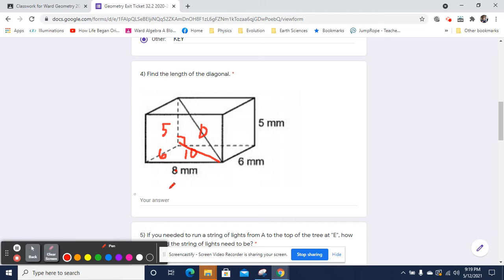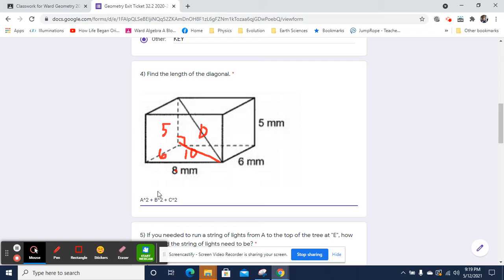So we can use the three-dimensional Pythagorean theorem, sometimes called a squared plus b squared, and then plus, instead of equals c squared, plus c squared. Notice that this could be considered c squared.